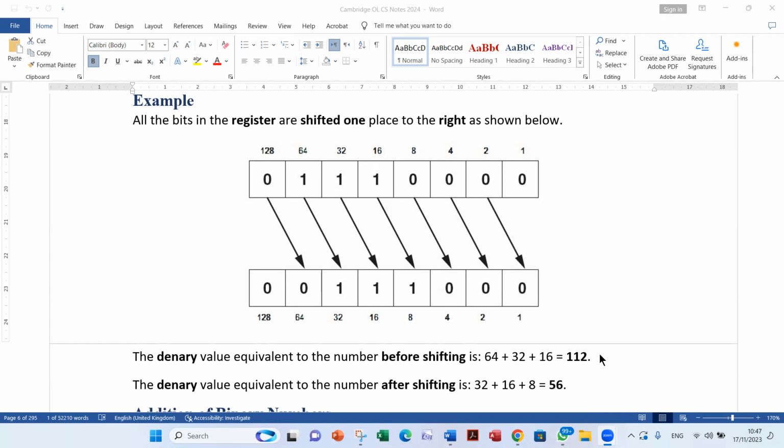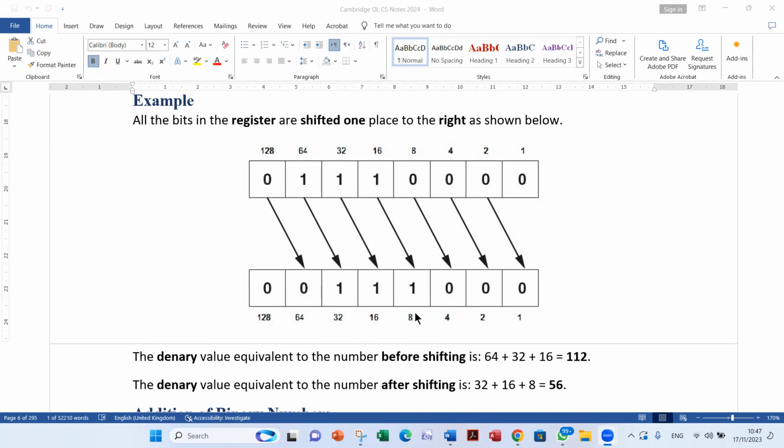So the effect of shifting a binary pattern one place to the right is halving the value. And it is quite obvious, I can tell you why. Whatever used to be the one under the 64 is now under the 32. The one under the 32 is now under the 16. The one under the 16 is now under the 8. Everything is shifted one place to the right, and everything is halved.